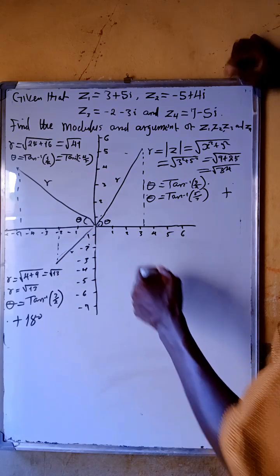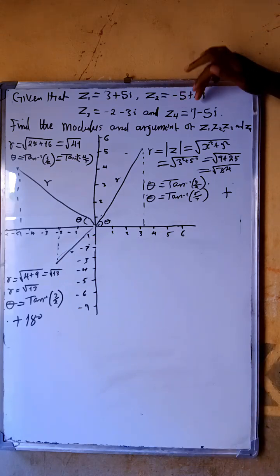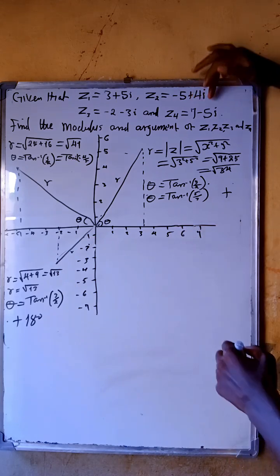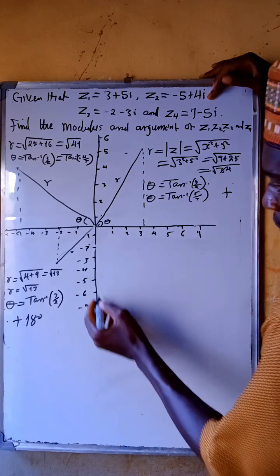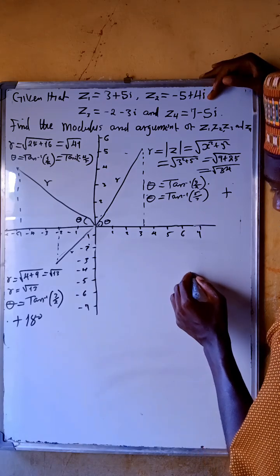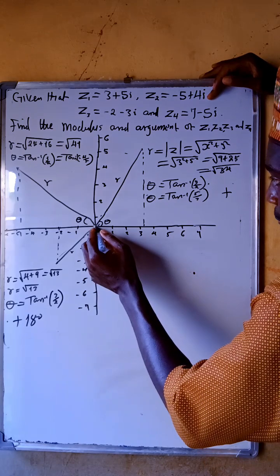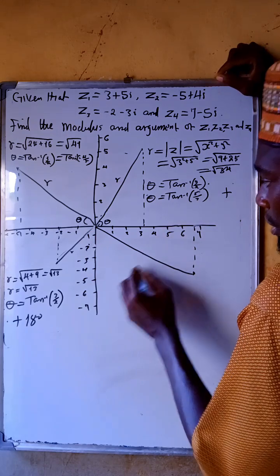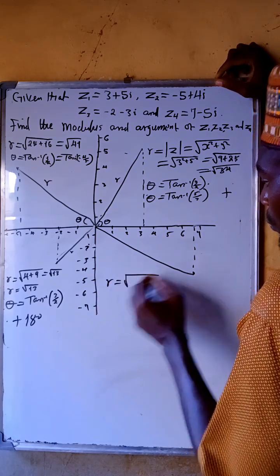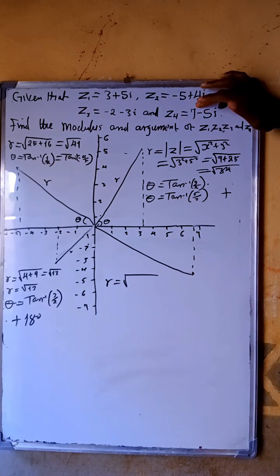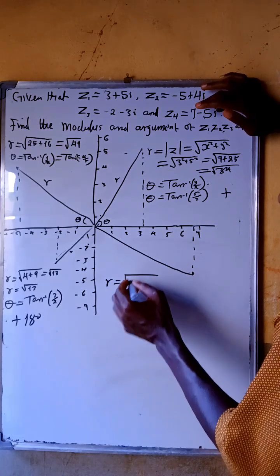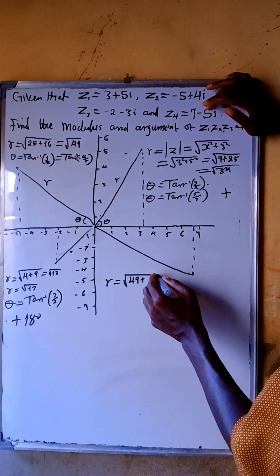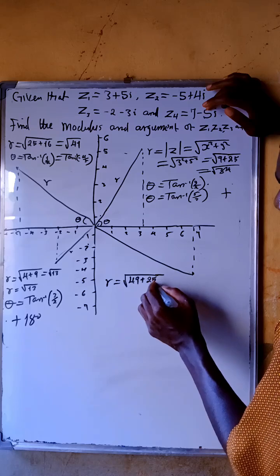And the last one but not the least, we have z4. The real part is 7 and the imaginary part is negative 5. So our negative 5 is somewhere here and our positive real 7 is somewhere here. Place it here. Then don't forget our r is equal to the root of x squared plus y squared, which is 7 squared, that is 7 times 7 is equal to 49, plus negative 5 squared, which is equal to 25.